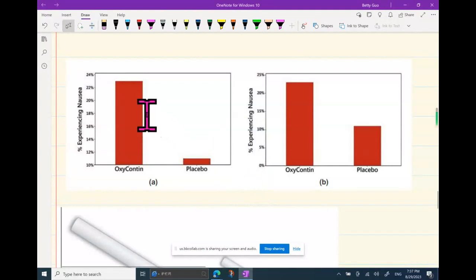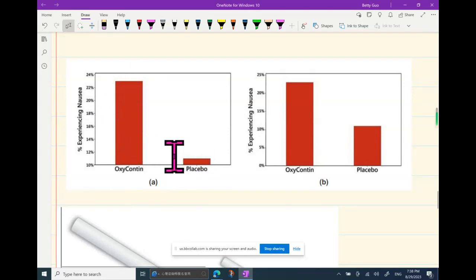However, the one on the left gives us an impression. What impression? The medicine, a kind of medicine, OxyContin. The percentage of people who took the medicine and have the symptom of nausea.